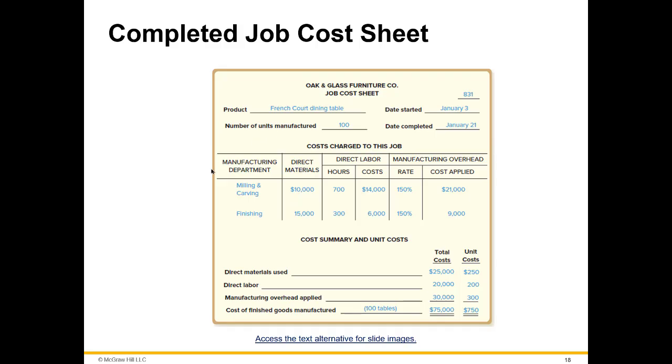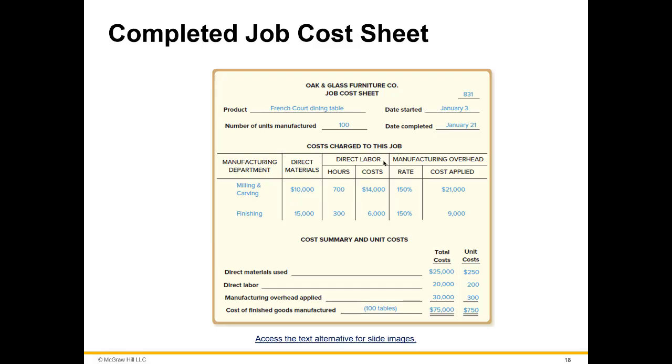And so it looks like there's 100 units manufactured, and it could be either milling and carving or finishing. So we see how many direct materials. We see what the direct labor is. And we also see the application of manufacturing overhead. So we can see by looking at this that it is not allocated on a direct labor hour basis.